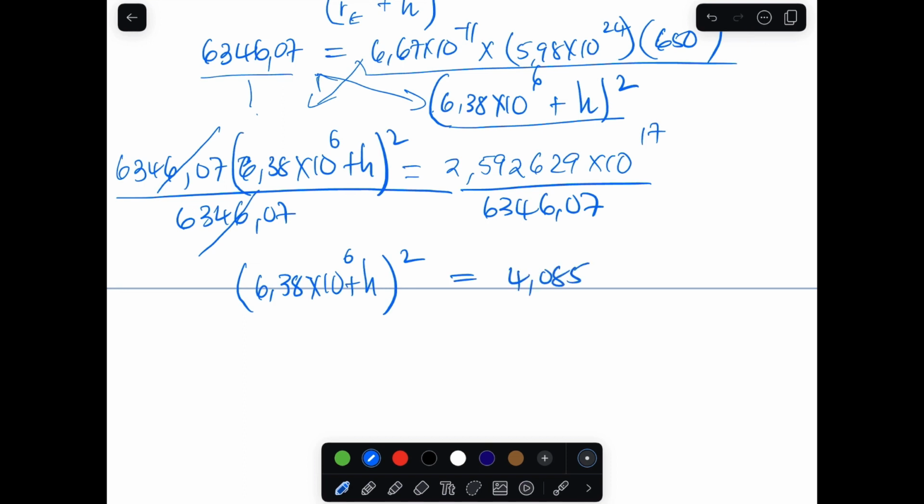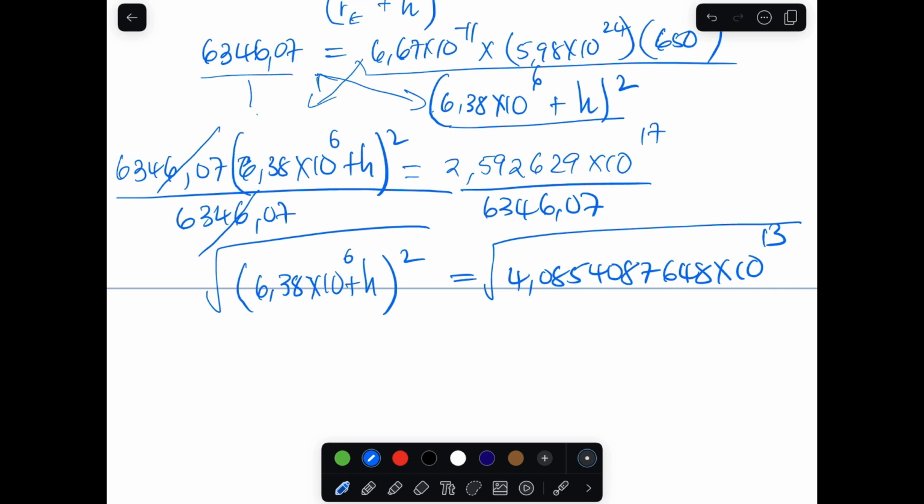4.08764 times 10 to the power 13, and then we put the square root on both sides. So the square root of this answer is going to be 6,391,720,241.